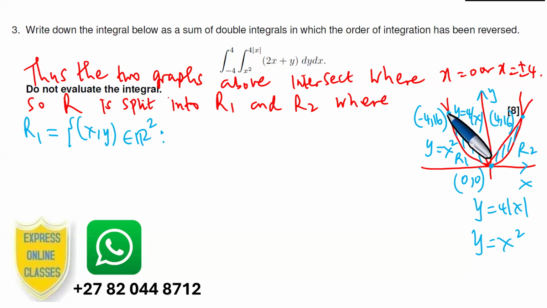The highest point is 16, at both points of intersection. So in other words, our y lies between 0 and 16.